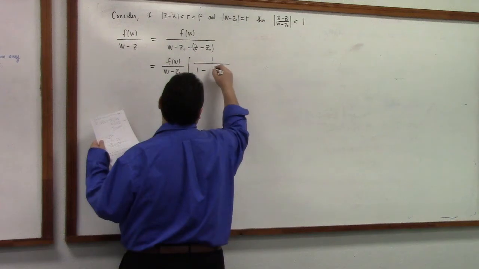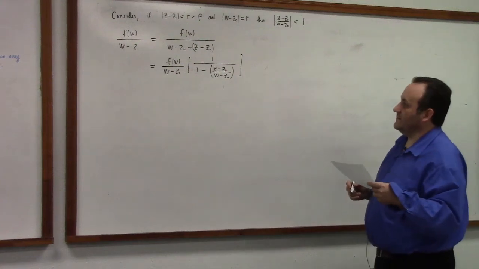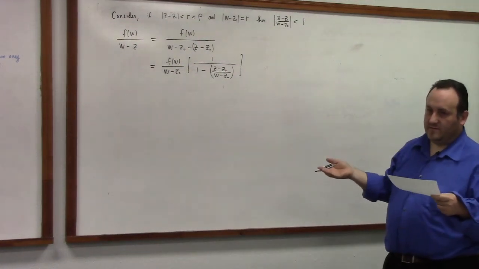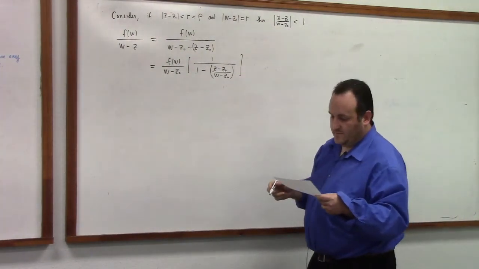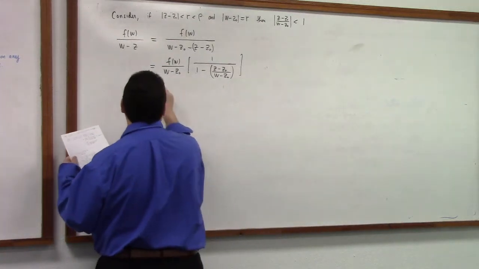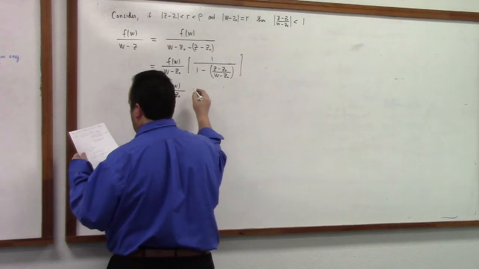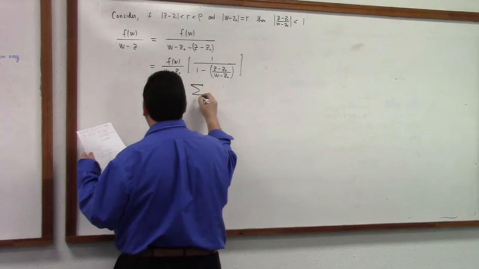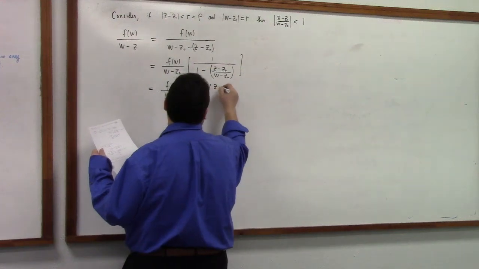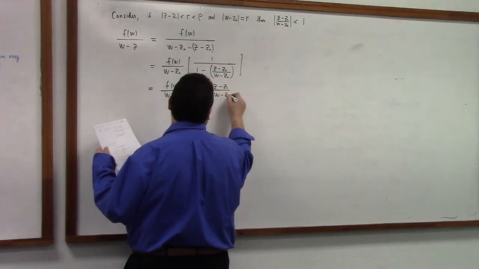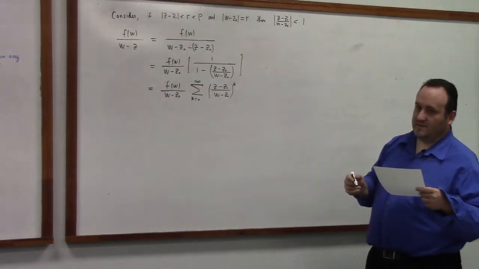Aha, so see that? What you've got here is the geometric series result, right? With ratio this, and a equals 1, so I can rewrite that as a series: the sum from k equals 0 to infinity of z minus z naught over w minus z naught to the power k, by the geometric series, since we have the necessary condition.